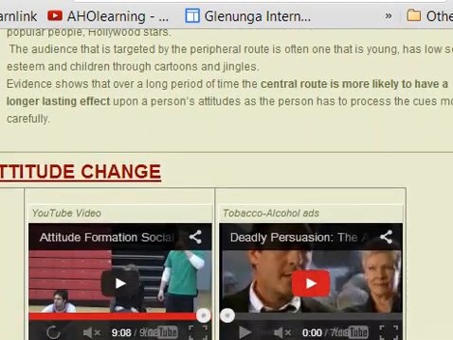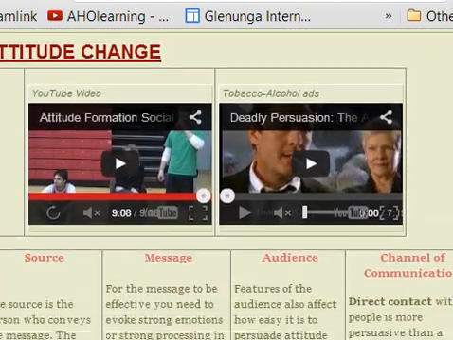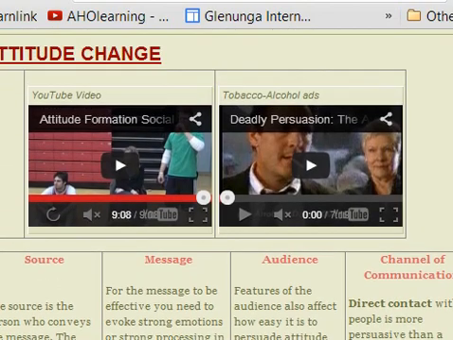And I want you to remember that this attitude change will have to be linked with these specific factors, and the factors we're going to discuss are the source, the message, the audience, and the channel of communication. So it's very important to understand who is telling us, what this person is telling us, and, very important, who is the audience?